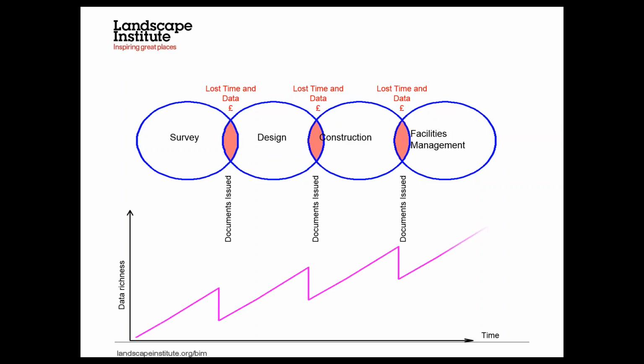So what we're trying to do fundamentally is iron that out and deliver a linear process of design. We're trying to pass on as much information as possible, rather than dumb it down, so people at the next stage in the process can make better informed decisions.